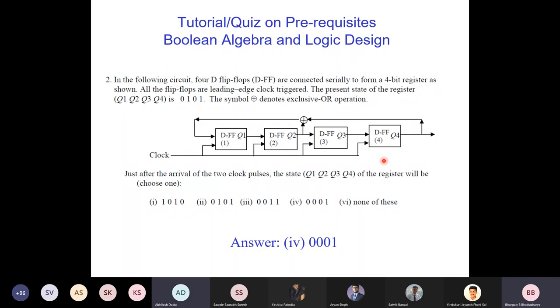A collection of flip-flops, yes, a serial connection of 32 flip-flops. So imagine that they have been implemented by D flip-flops.